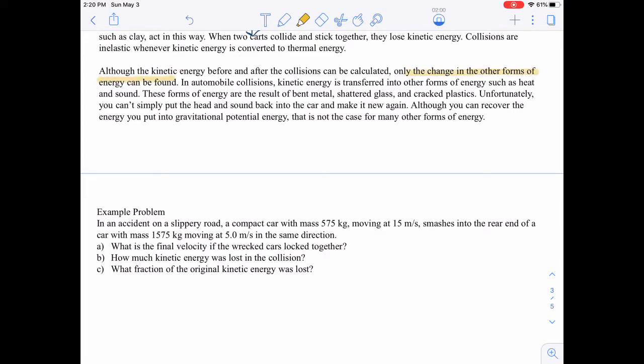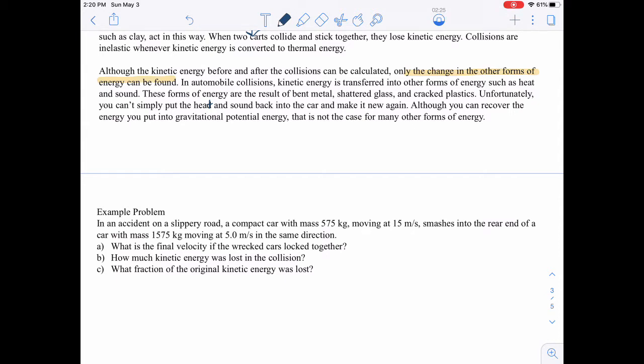can be found. In automobile collisions, kinetic energy is transferred into other forms of energy such as heat and sound. These forms of energy are the result of bent metal, shattered glass, and cracked plastics. Unfortunately, you can't simply put the heat and sound back into the car and make it new again.